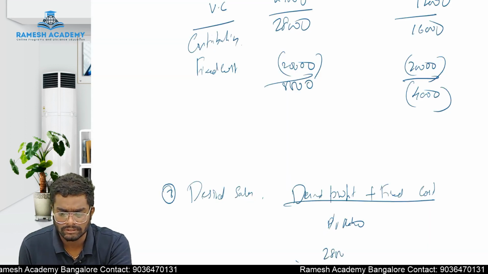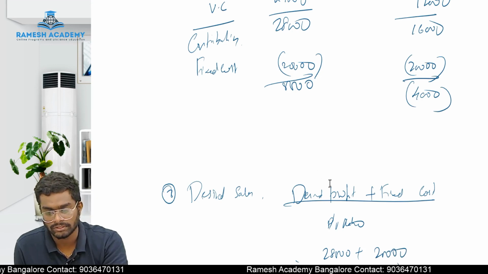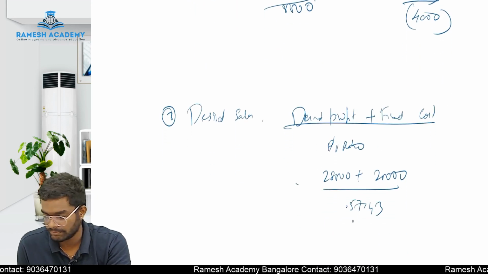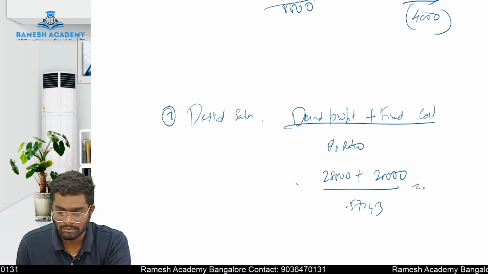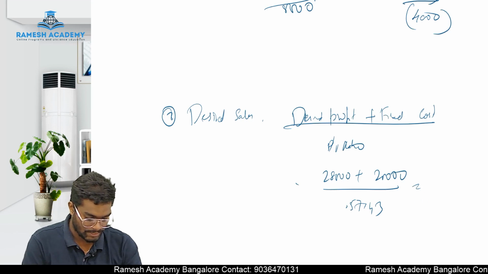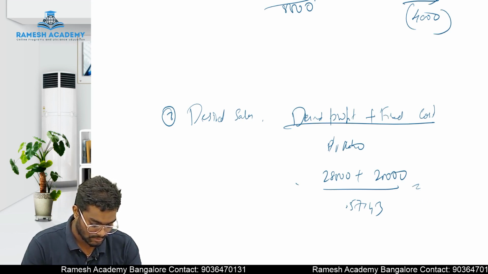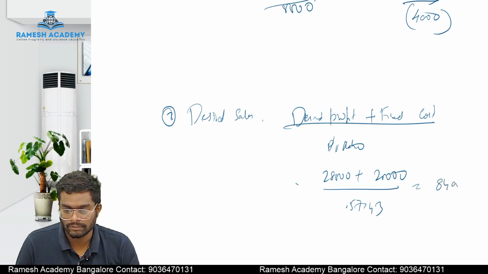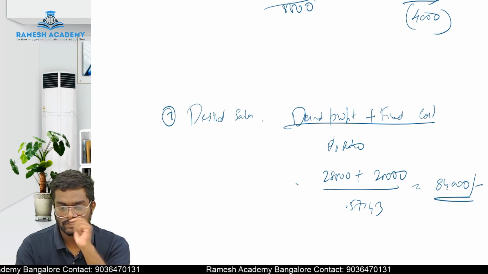So he is desiring to have a profit of 28 plus fixed cost 20. You'll get the desired contribution divided by PV ratio. 20 plus 28 is 48 divided by 0.57143 is 84,000 rounded off. Simple. So please copy both the things.